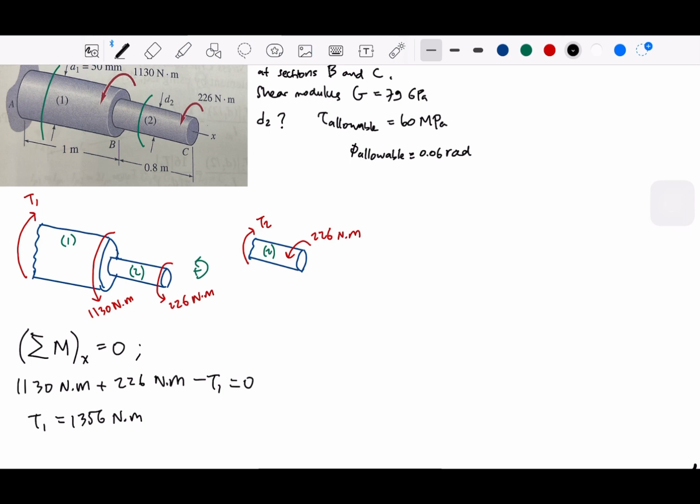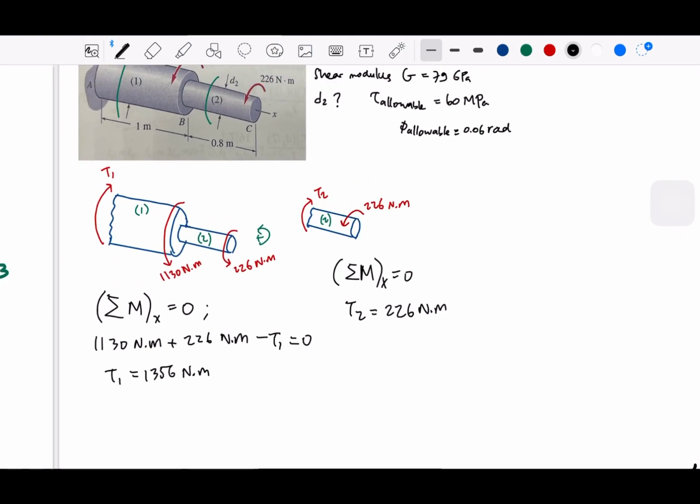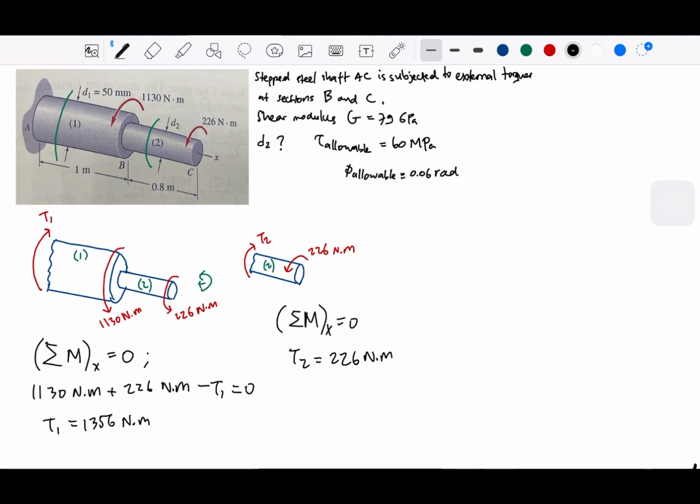And from the second diagram, we get that T2 is equal to 226.